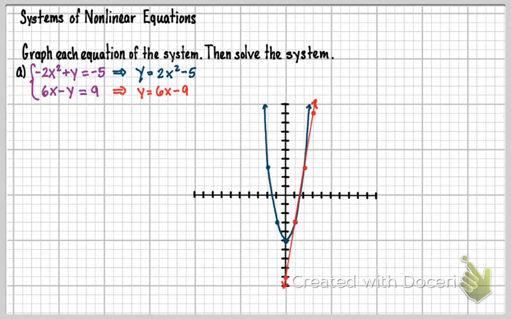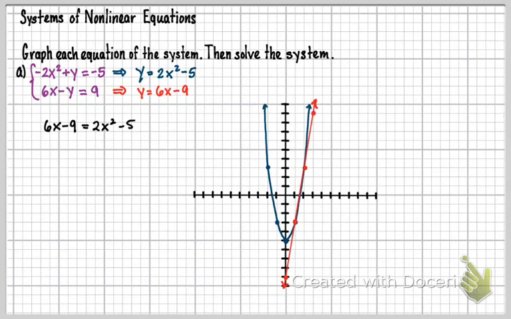But we're going to solve this system algebraically here. And in most cases, when dealing with nonlinear systems, we usually use the substitution method in order to find where these two equations intersect. So since I have both of them solved for y, I'm just going to take this one, and wherever I see y in the top one, I'm going to plug in 6x minus 9. So that's going to give me 6x minus 9 equals 2x squared minus 5.